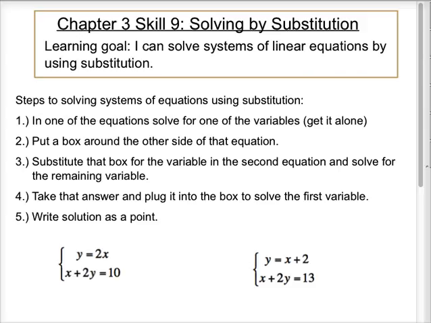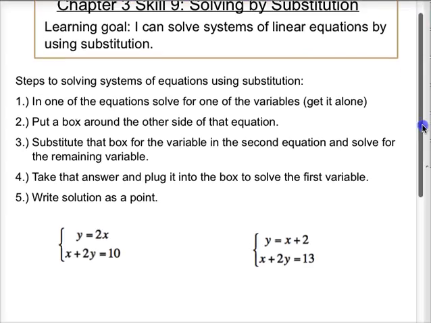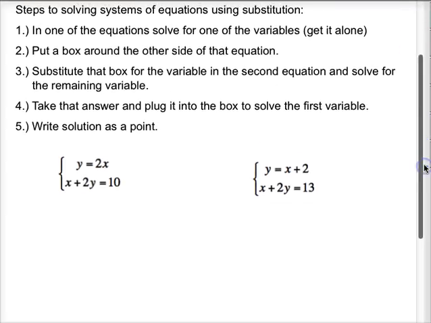So that's how we're going to start today. I've created every equation today where one of the equations has a variable by itself. So, for example, in this first one, the variable that's by itself is in the top equation, y equals 2x.